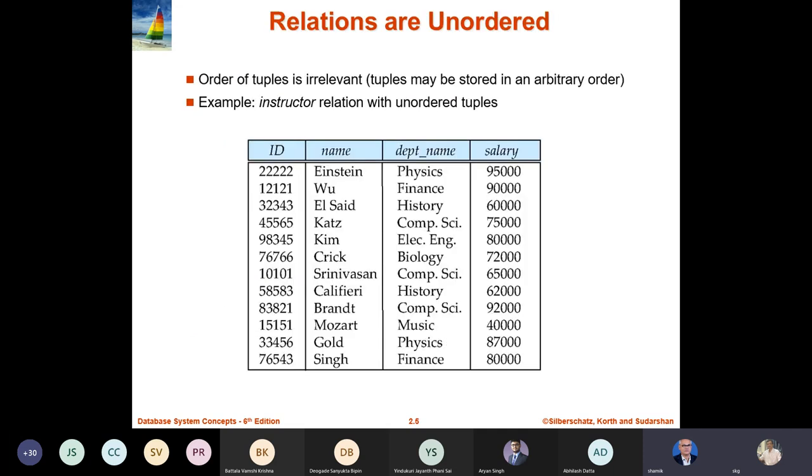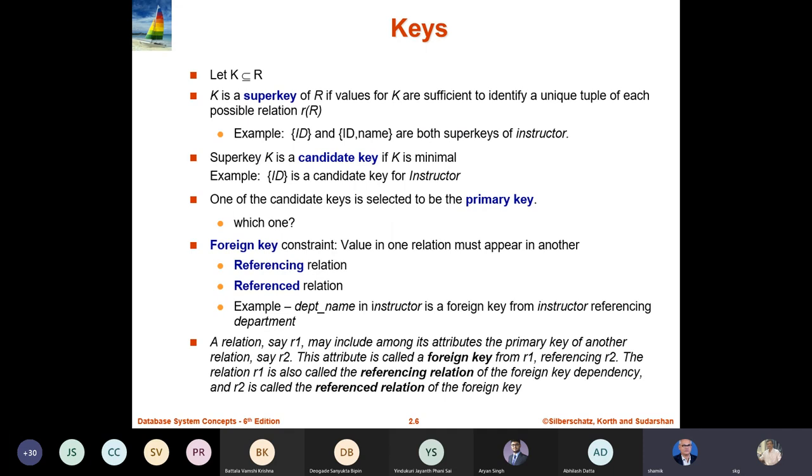If name is repeated, but there are no two persons with the same name in the same department, which is not a good assumption, then the name and department combination can be a candidate key. So I can have different candidate keys.